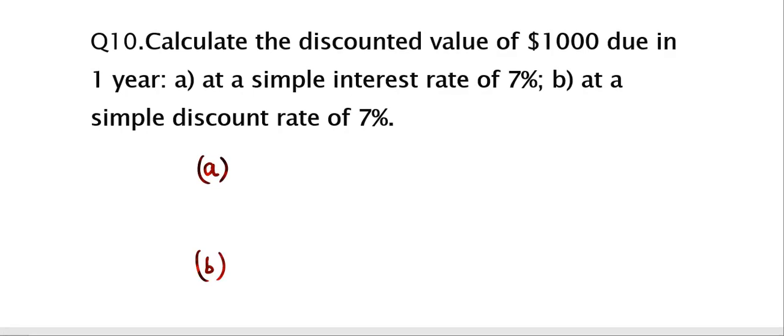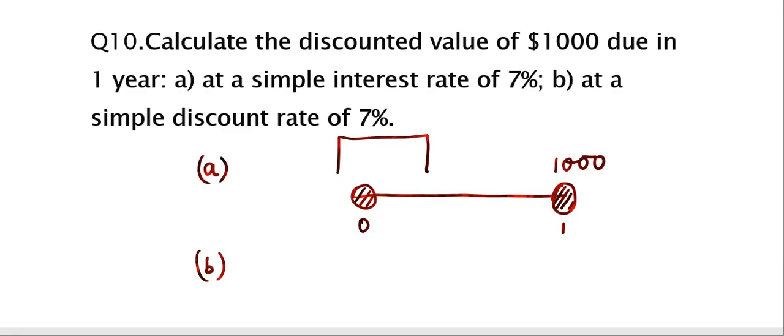So 1000 is the final amount, and you have to find the discounted value of 1000, due in 1 year.